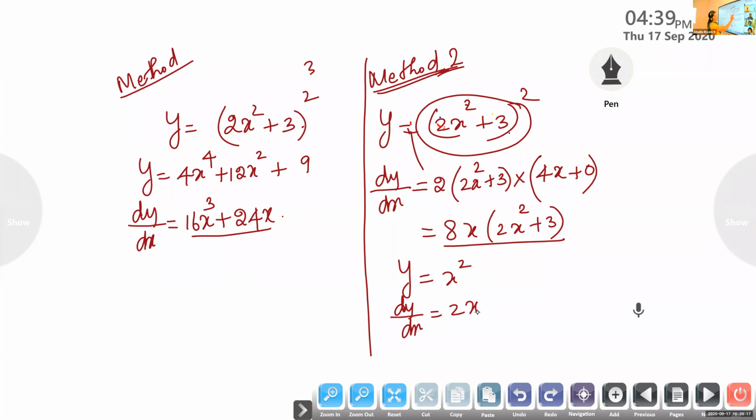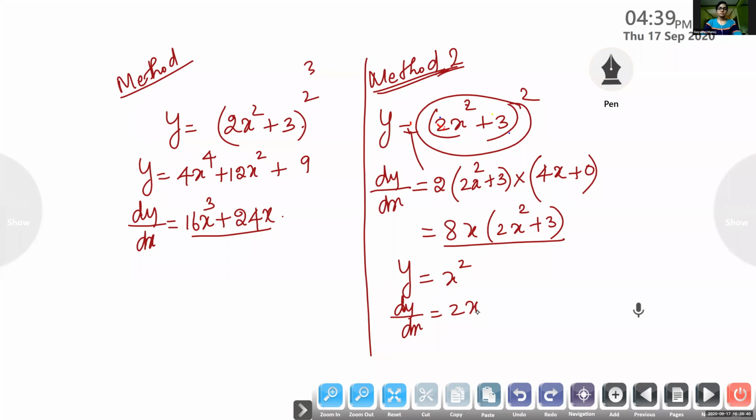This is another function, a polynomial. When you differentiate 2x square plus 3, you will get 4x plus 0. So you get 4 into 2, which is 8x into (2x square plus 3). Is it okay? Yes, ma'am.